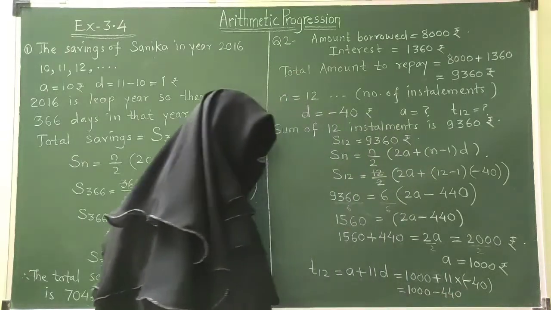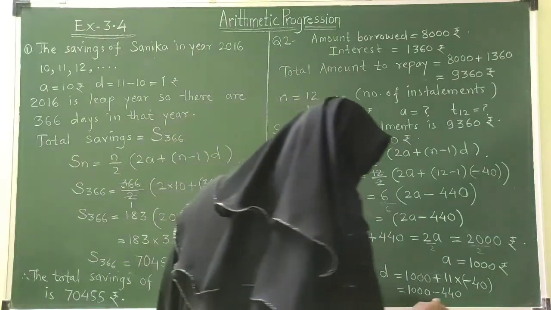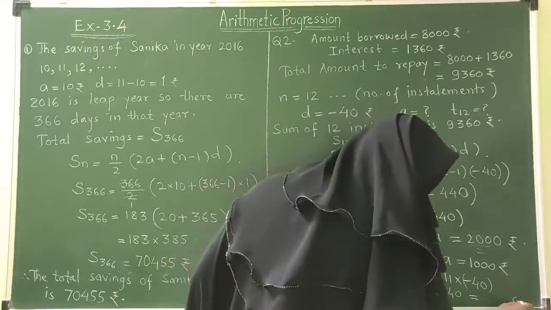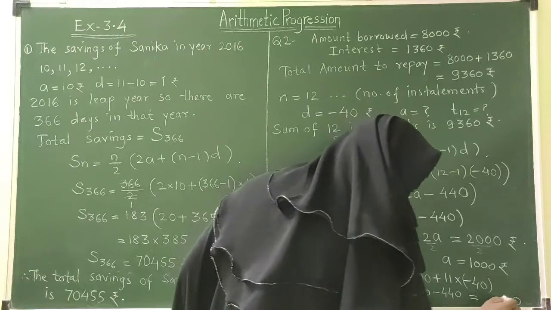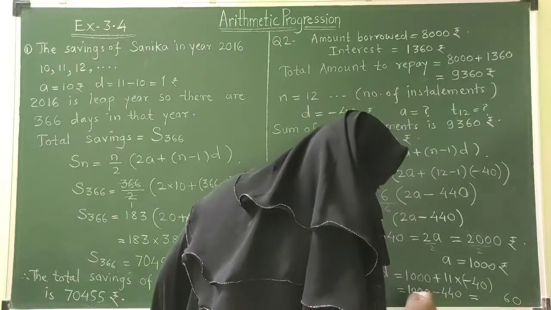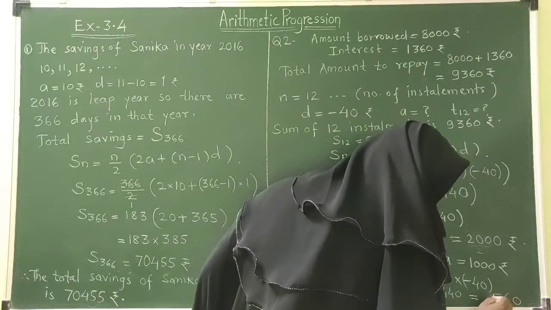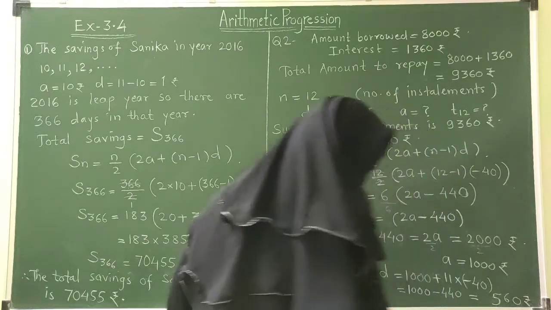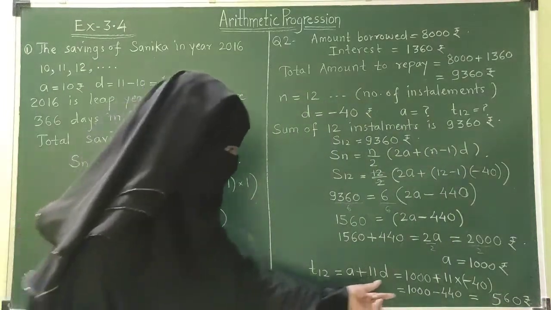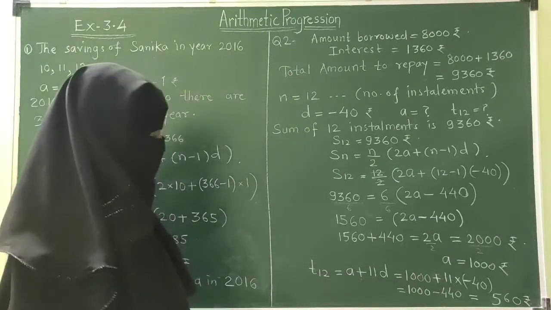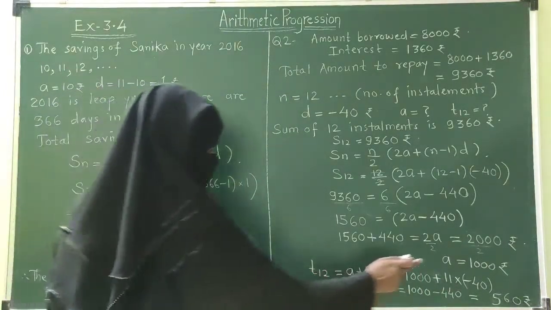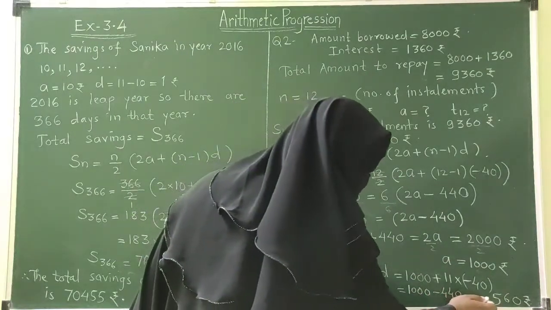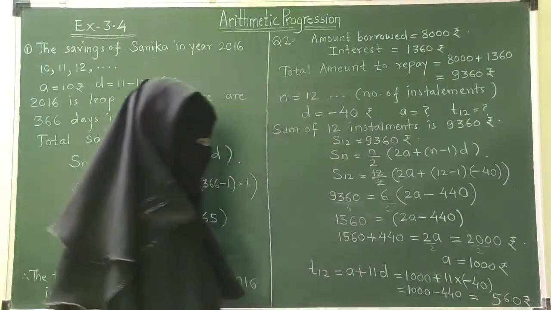Subtracting 440 from 1000 we get 560 rupees. This is the last installment. Therefore, the first installment he paid is 1000 rupees and the last installment paid by the man is 560 rupees.